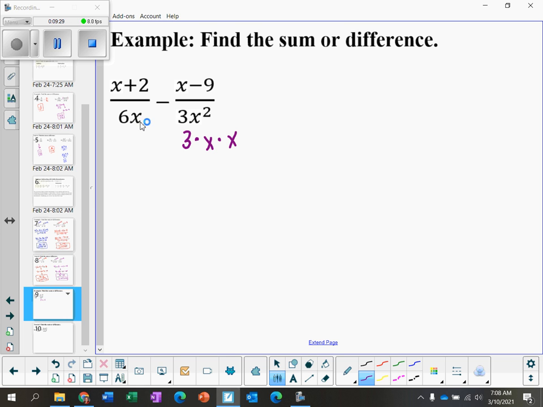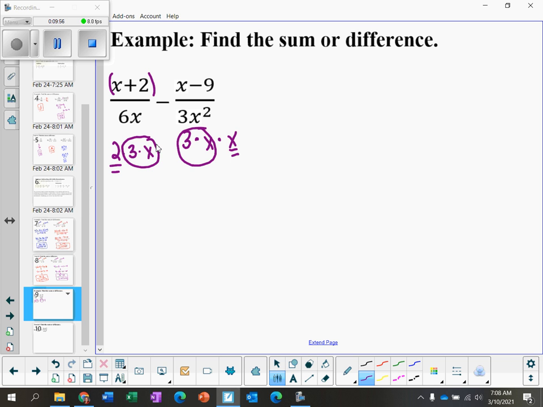And if I look at 6x, 6x is really 2 times 3 times x, right? 6 is 2 times 3. So they actually have 3 times x in common. The part that's different is the first fraction has a 2, and the second fraction has another x. So that's what I'm going to be multiplying the tops by.